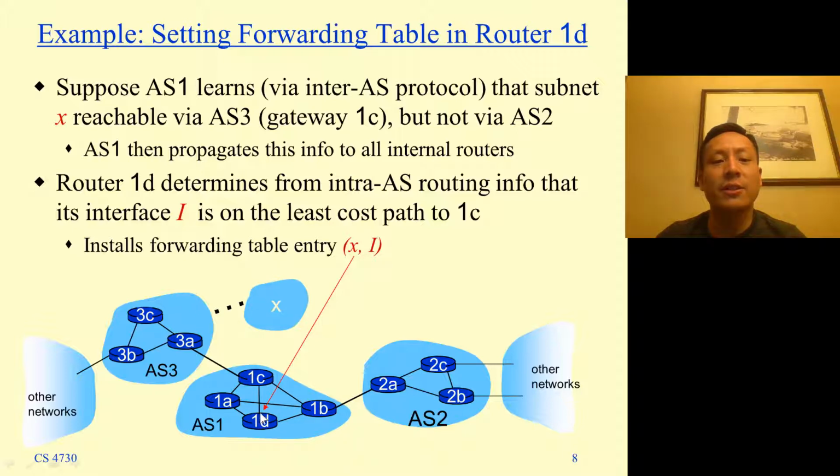In this case, it needs to find the least cost path to the border router connecting to AS3, because we have to send the packet to AS3. AS3 is directly connected to 1C, which means that for router 1D, you need to install a forwarding table entry saying that if I see address range X, I need to go through outgoing interface I, which leads to the border gateway 1C. The next step will be through to AS3. So this needs to be installed in router 1D.